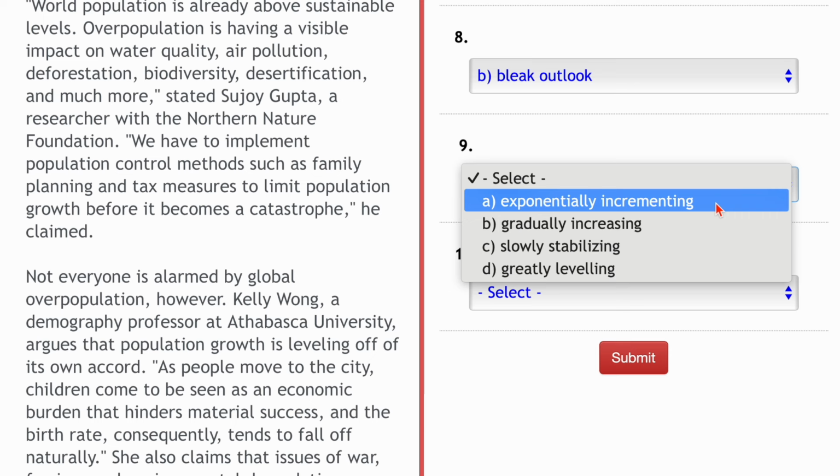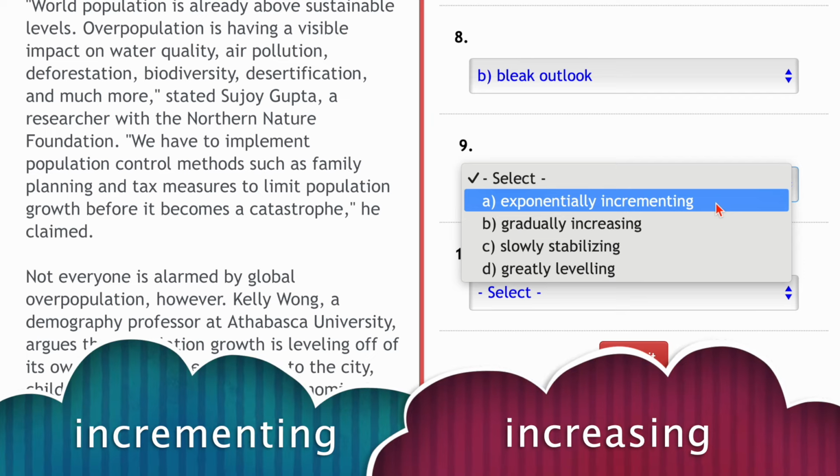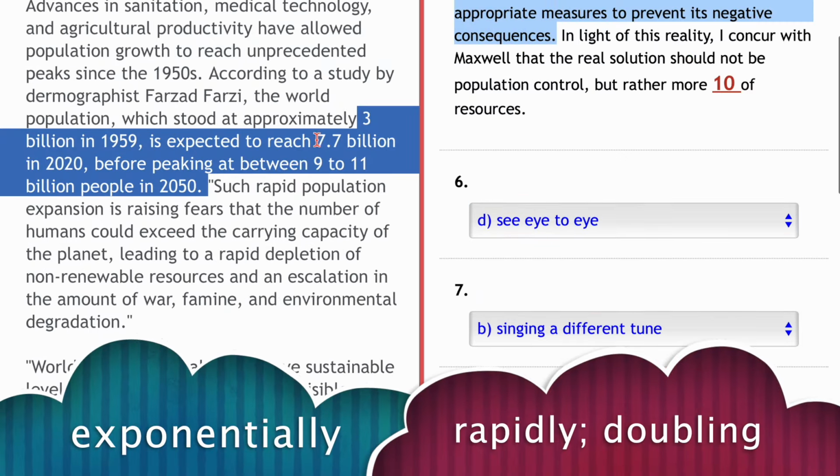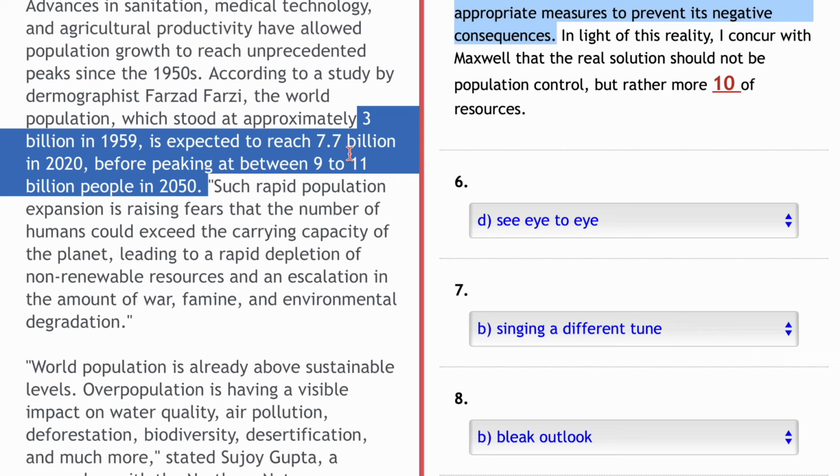Now, exponentially incrementing means increasing, and exponentially means almost doubling. And we saw here 3 to 7.7, that's more than doubling. And then 7.7 to 9/11, also increasing a lot.